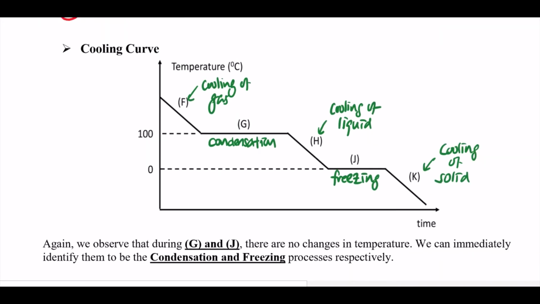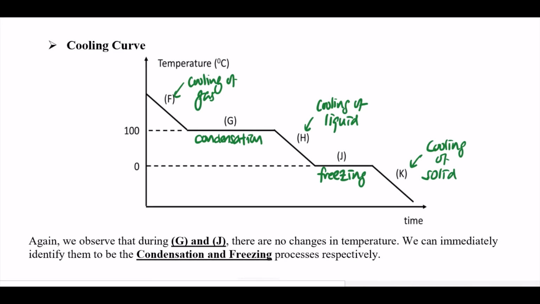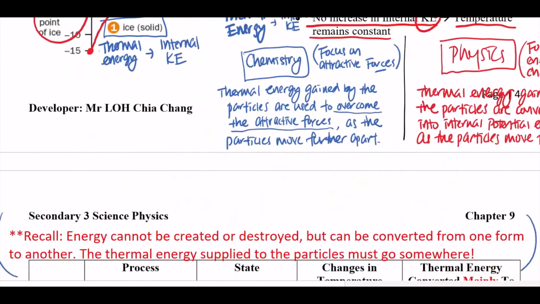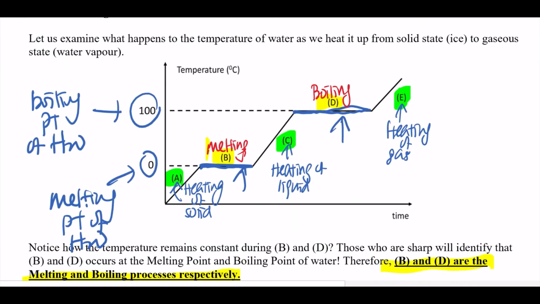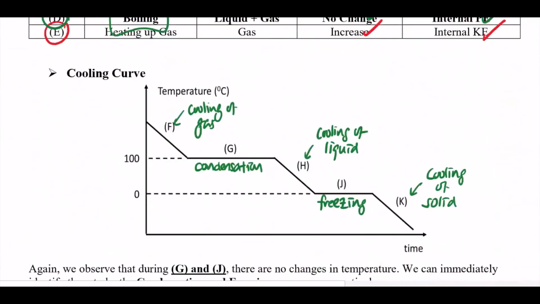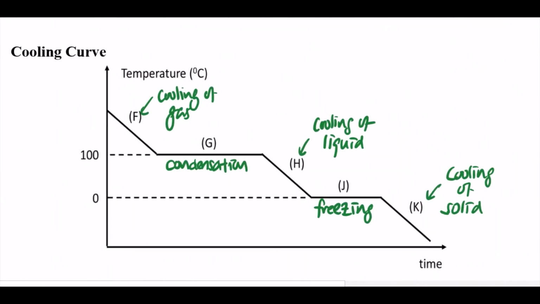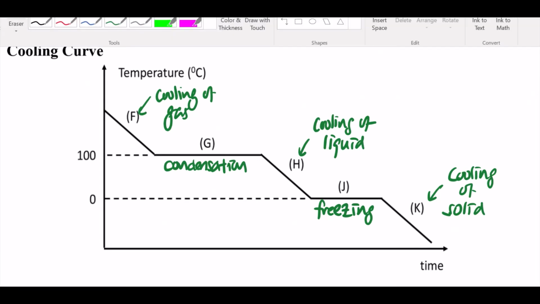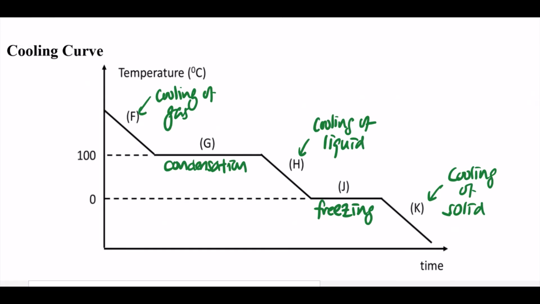The cooling curve is the opposite. You see that it is the exact opposite of the heating curve, just like flipping it around. This is the heating curve, this is the cooling curve. During the cooling curve, you would expect the temperature to be decreasing all the time, but no. Temperature decreases for this part, but for these two special cases, G and J, the temperature does not change.